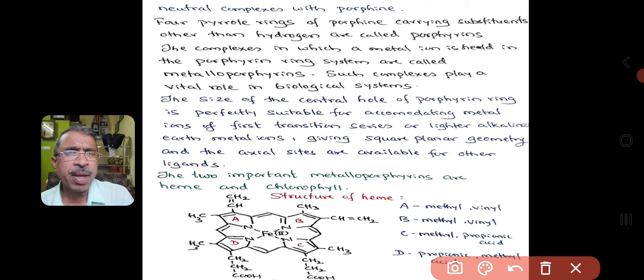Even in the B pyrrole ring, we have a methyl and vinyl group. In the C pyrrole ring, we have a methyl and propionic acid group. And in the D pyrrole ring also we have a methyl and propionic acid group. And at the center, iron is in the +2 state, the ferrous state.